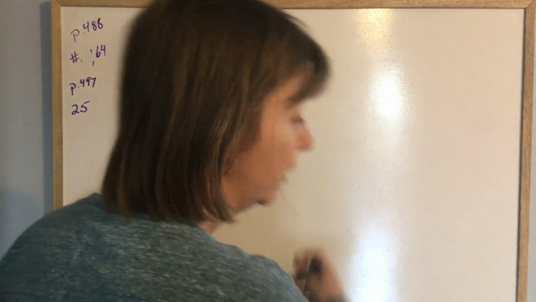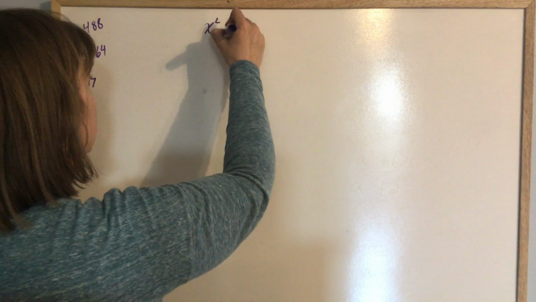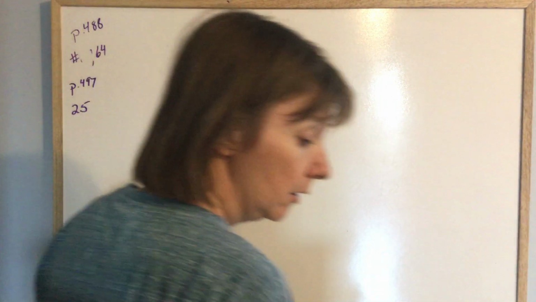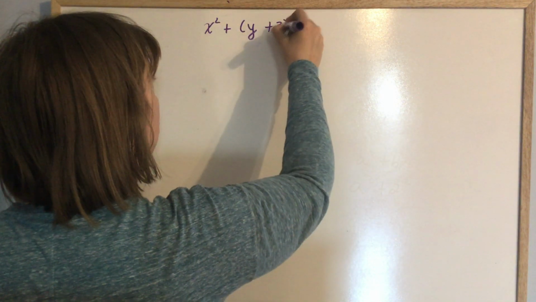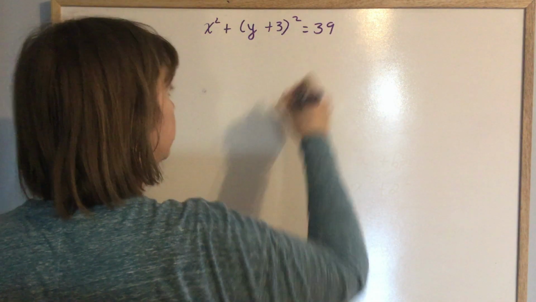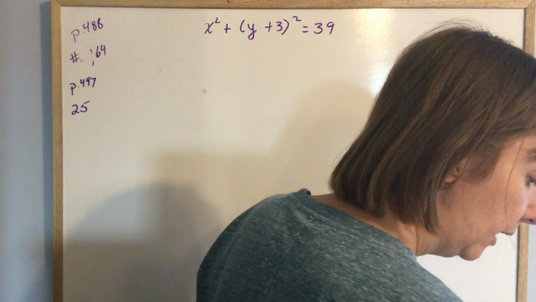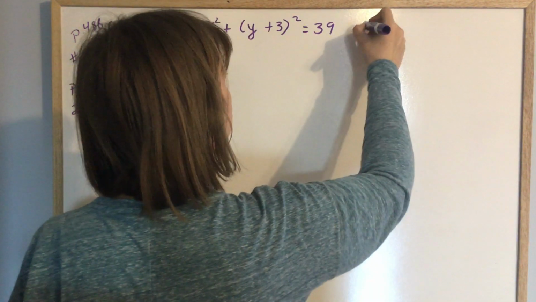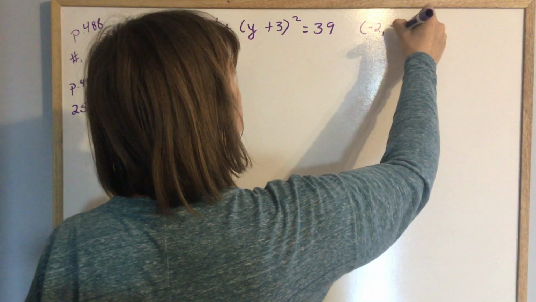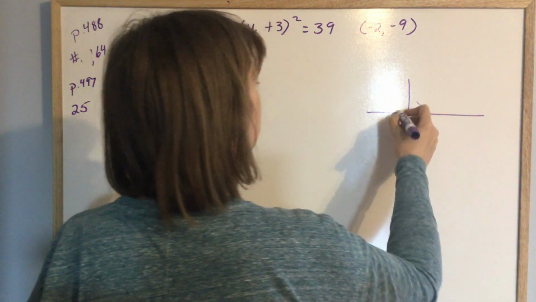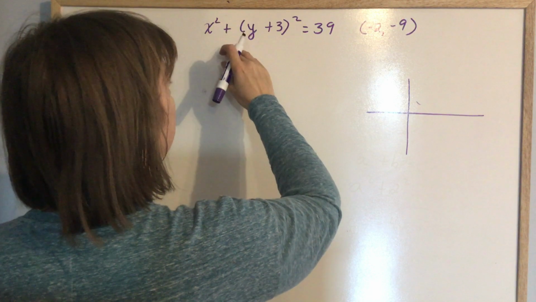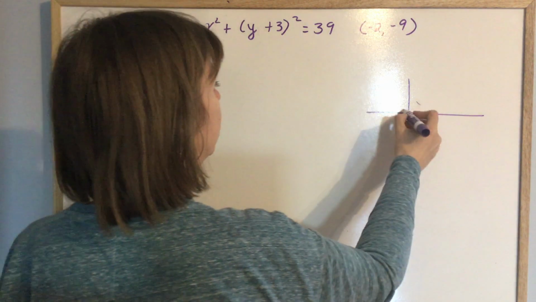So 64 is x squared plus (y plus 3) squared equals 39. And the point is -2 and -9. So again, the circle, the center is at 0 and -3.